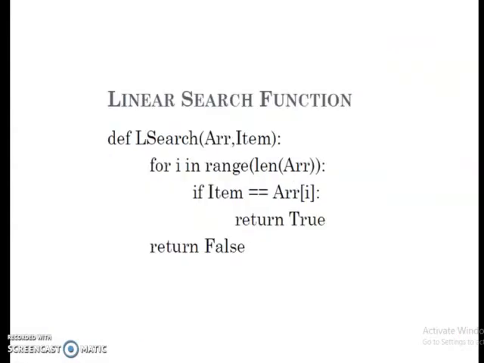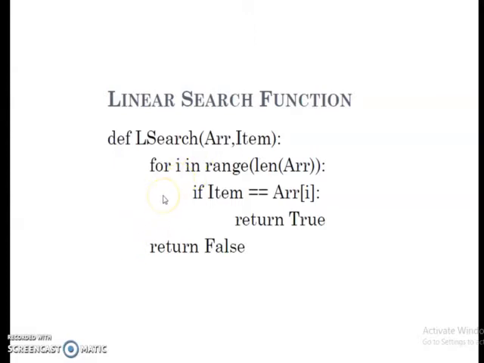So let us move on to our function. This is the function to perform linear search: def lsearch(arr, item). Here lsearch is the function name, arr is the array sent to this function, and item is the element we are searching for.